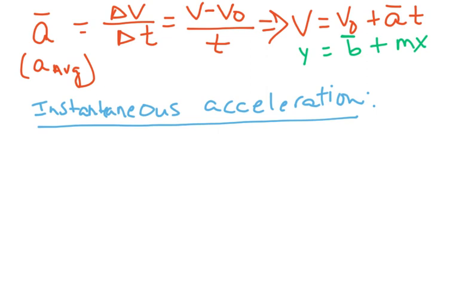Okay, so instantaneous acceleration. Now we are going to talk about it as being the derivative of velocity with respect to time. Okay? And we will talk some more about that in a minute. But I don't want to bog you down with a bunch of calculus just right now. So we need to do derivatives for the instantaneous acceleration.